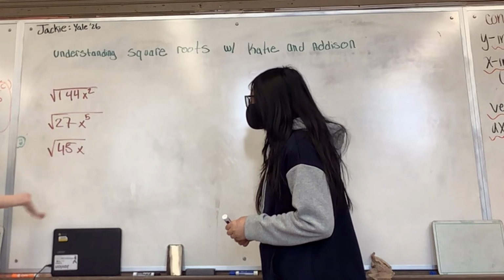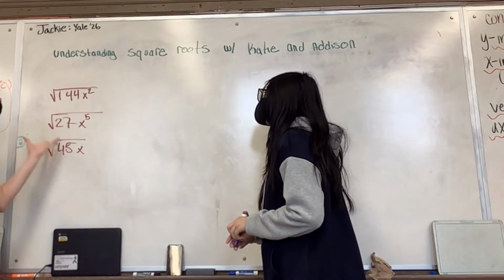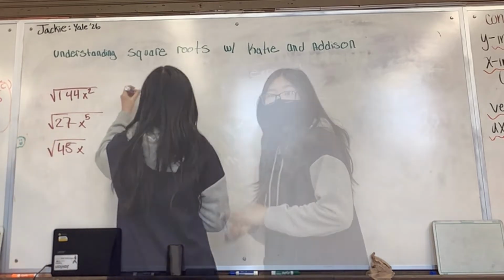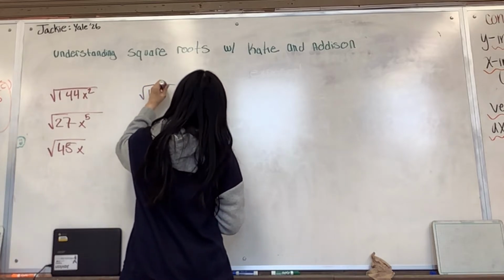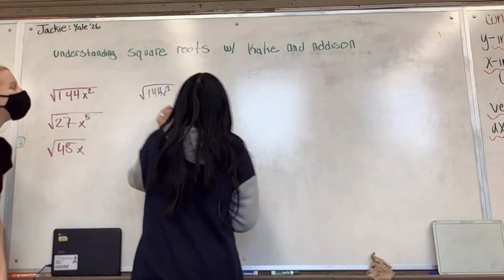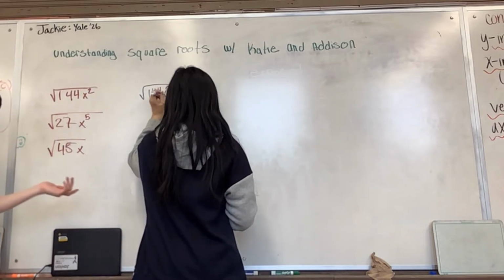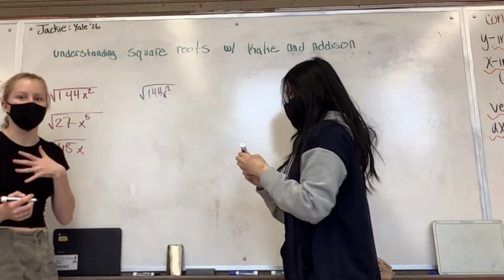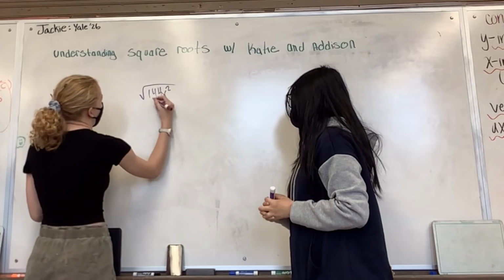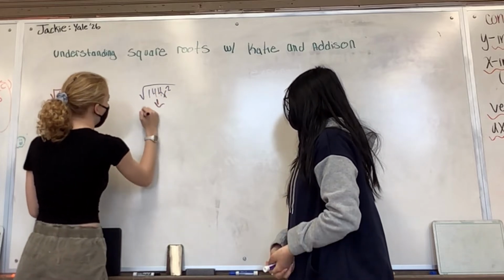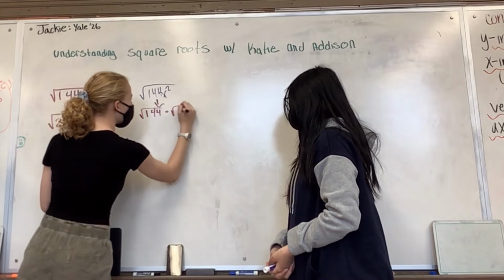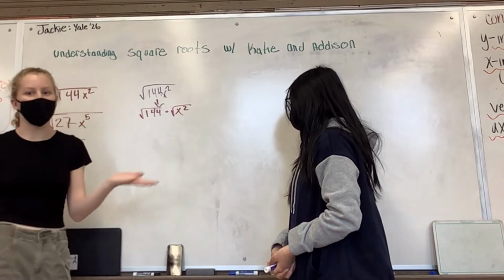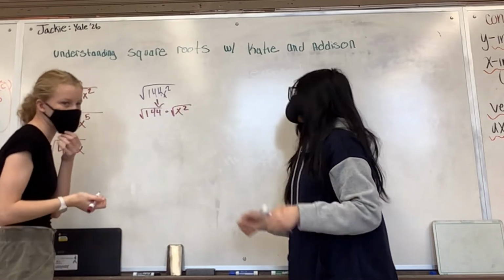Here are a few examples that we are going to help you solve. First, what I like to do personally is break it up, so it's easier to solve in 2 parts.